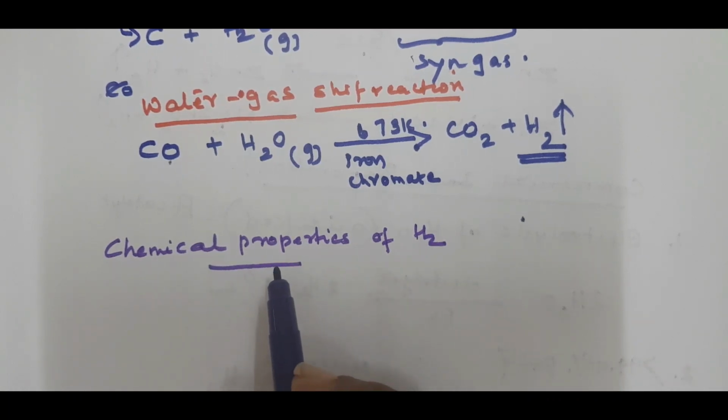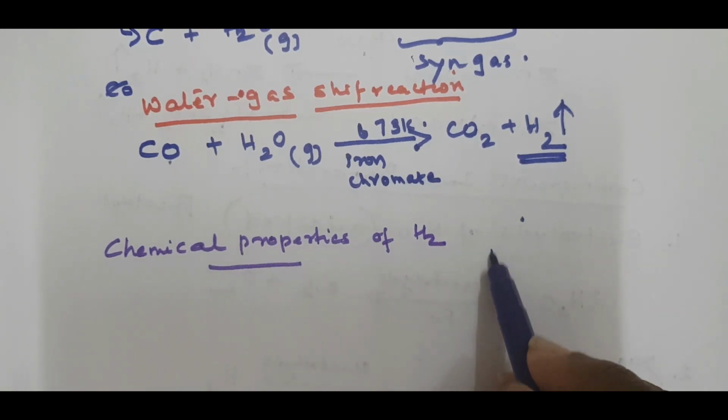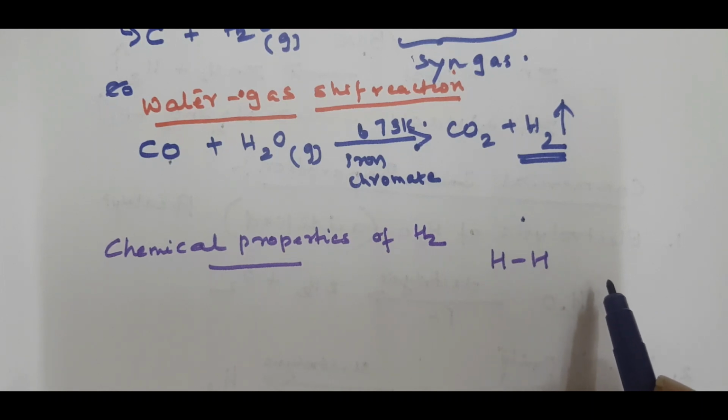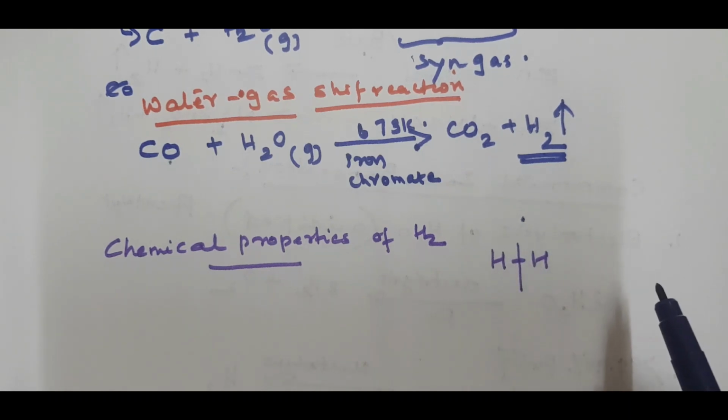Physical properties you know. As we have studied, the dissociation enthalpy, that is the bond breaking of hydrogen-hydrogen, is very high, because it is very difficult to break the bond between the hydrogen atoms.